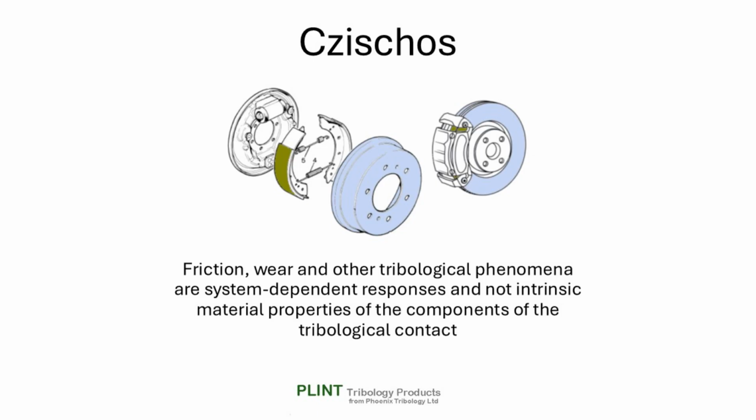The properties measured in an experiment using any tribological test machine are, by definition, system responses. It follows that the data generated from any properly calibrated test machine must be valid, but only for the response of the material pair in that particular tribo system.